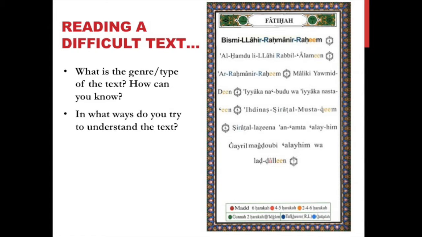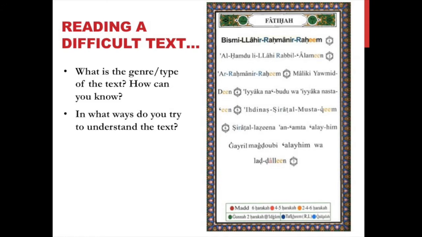So, as you can see from the layout of the text, you can tell it's very formal or it has a specific structure, right? The first word, Fatiha, shows that probably that's the title or the theme of this overall text. And then you started to read, even if you don't understand it, Bismillah Rahmanir Rahim.